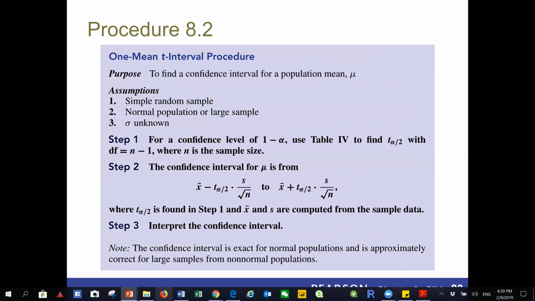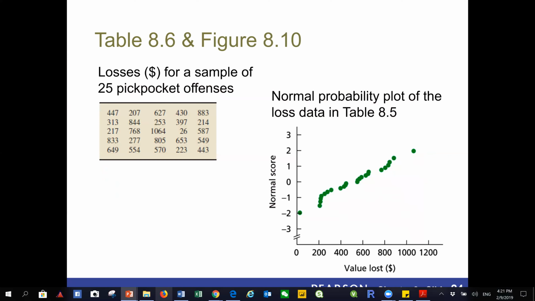Instead of using Z, we use T. Instead of using sigma, we use S. So you get this new confidence interval. And this is to check the normality. If all the points fall on the straight line, there is normality.